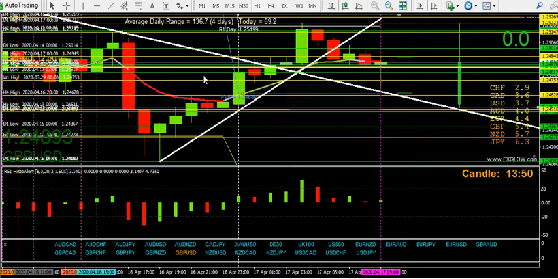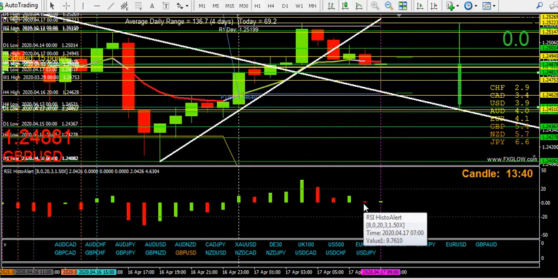I'll highlight it so we know where it is on the next time frame. Now that is a level we know needs to be broken if the price is going to go down. Everything was screaming down, that's a red hourly close there prior to my trade, and the H4 was red, turning red.